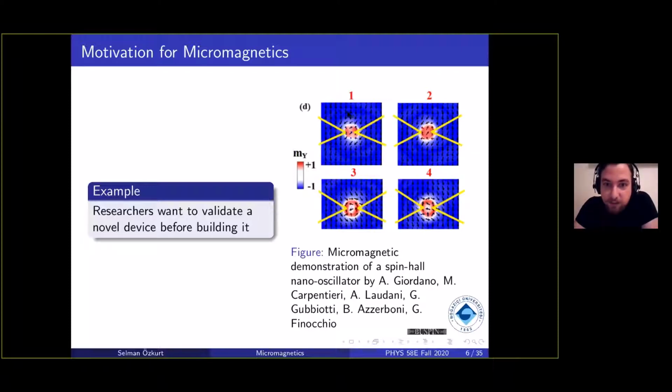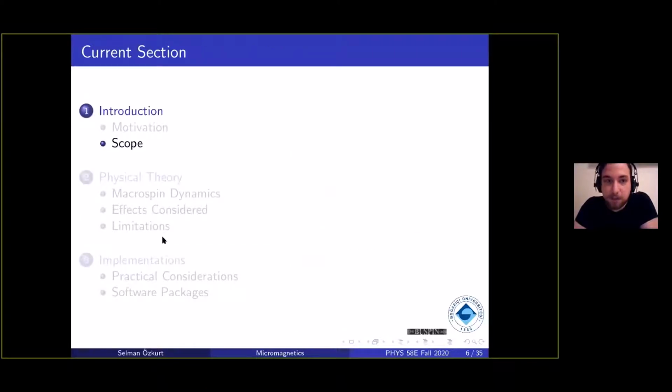And you see here the result of a micromagnetic study. You see the arrows, which correspond to local magnetization vectors, and these evolve with time. What matters in this study is to watch the evolution of magnetism with respect to time in order to validate the device without actually building it.